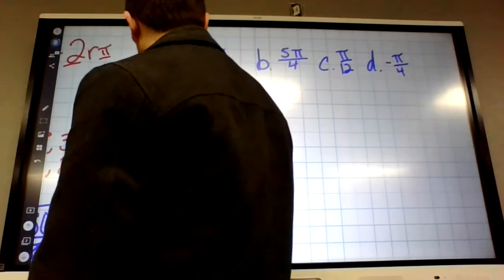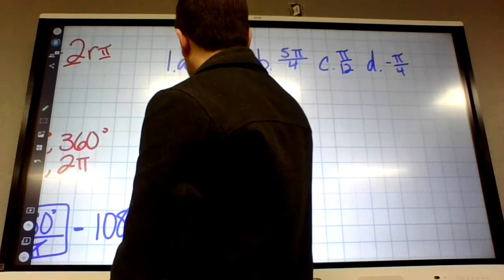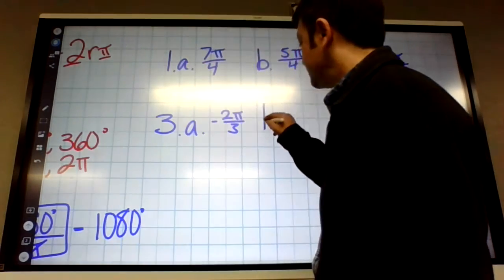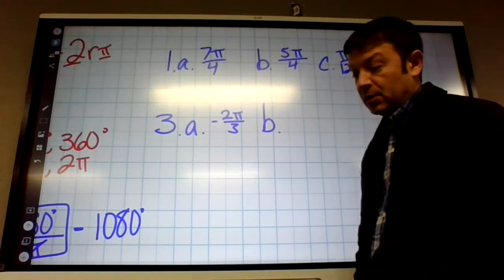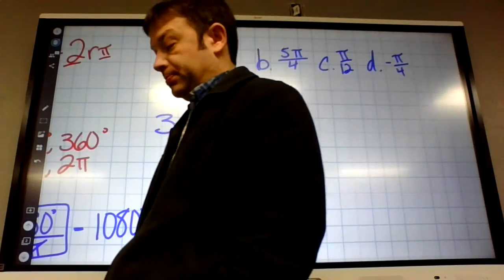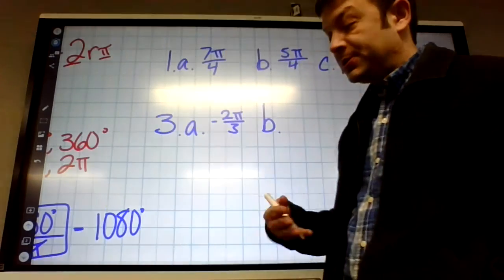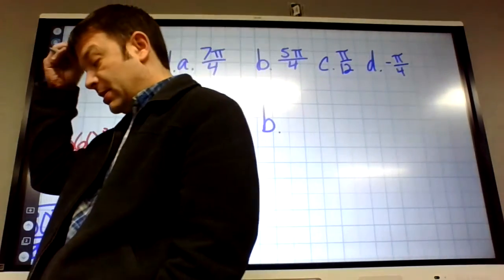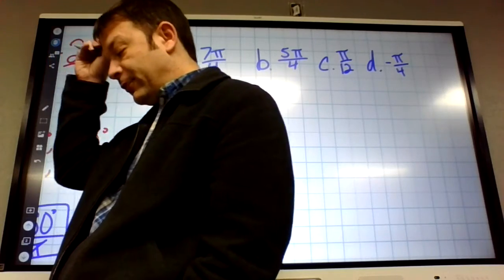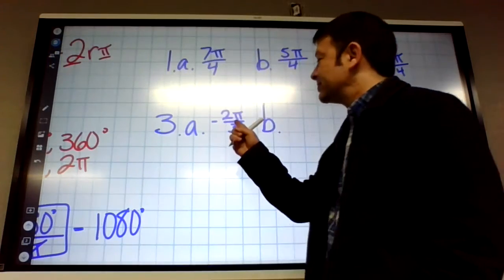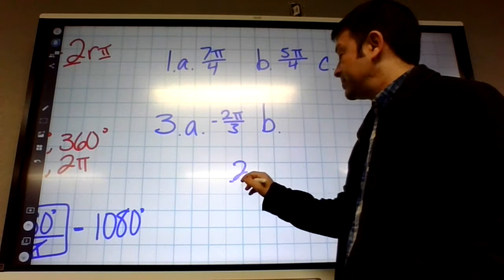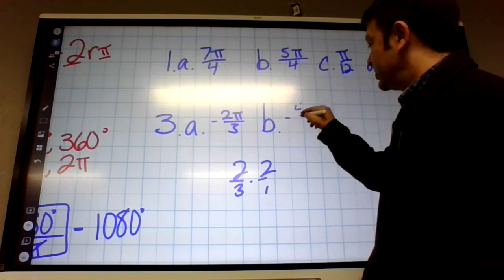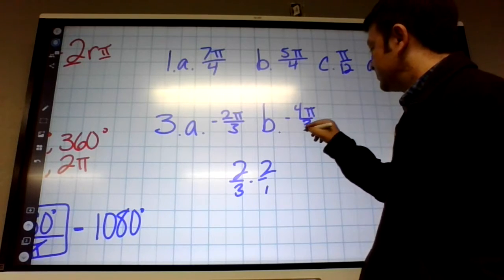It's 2 pi over 3. So it's negative 2 pi over 3. 120 degrees is 2/3 of 180. So that's why. Anyway. 240. So 240 would be twice this. So 2/3 times 2 is 4/3. So it's going to be negative 4 pi over 3.